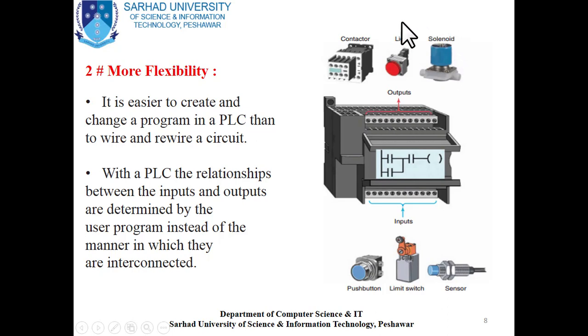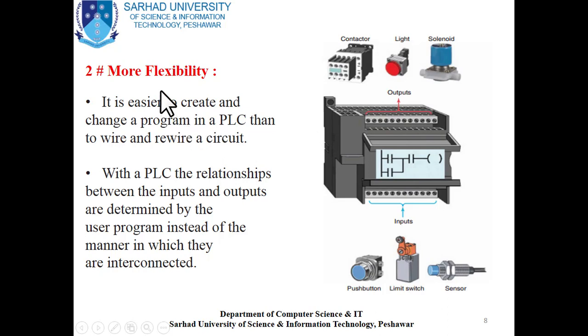It means that the outputs may be in the form of a solenoid, a light, a three-phase contactor or a single-phase contactor. These are the output devices which can be connected to the PLC output unit.